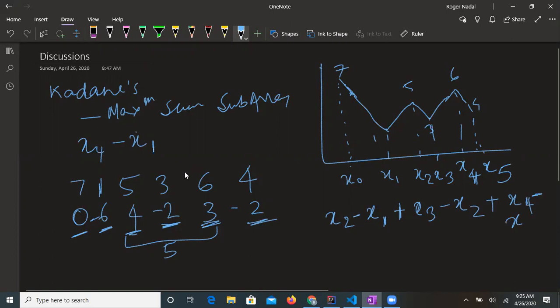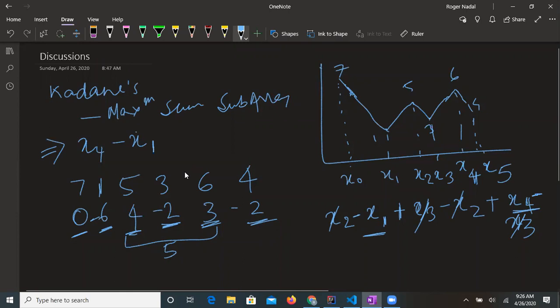Okay, let's look at it. x2 minus x1, so this crosses. x3 minus x3, this will get crossed, this one and this one, and you have finally x4 minus x1. That is what we wanted to get.